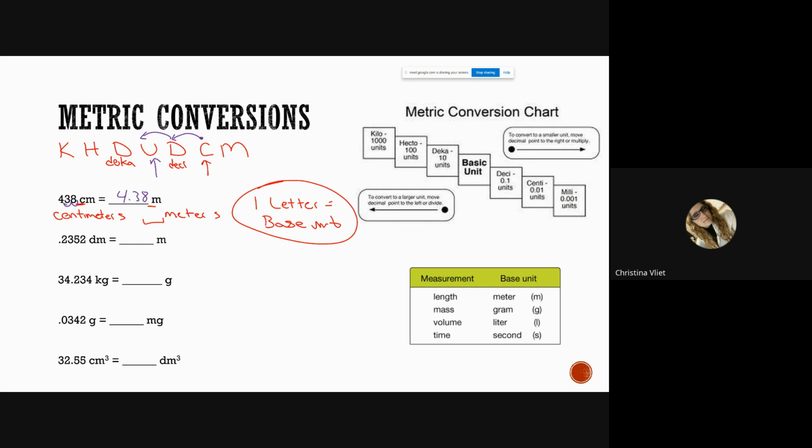Literally, just so you're aware, Cambridge never uses deca or hecto. It is not used by Cambridge. So if you see D, it's going to be deci. The prefix for deca is actually DA, if you were to see it, instead of just the letter D. So it goes D-A-D. Okay. So just D is deci.